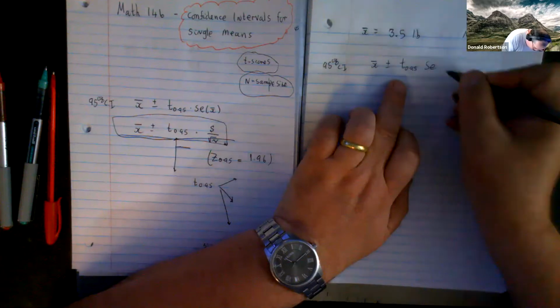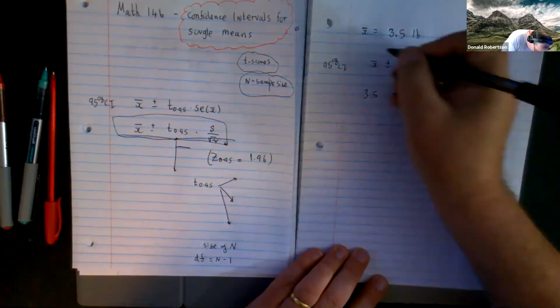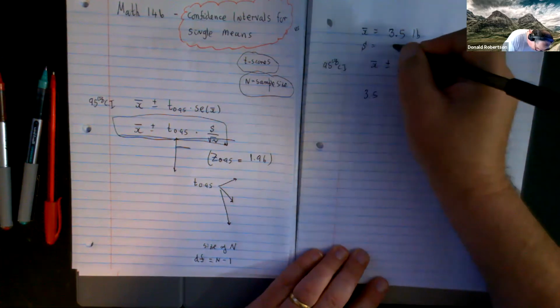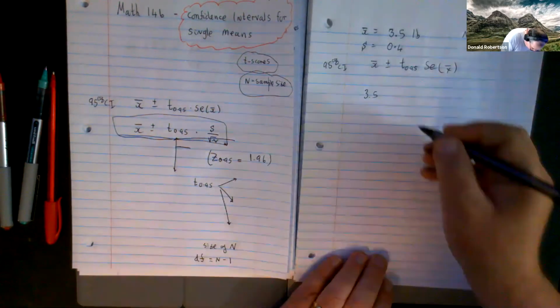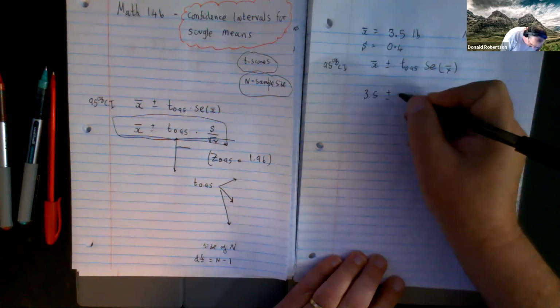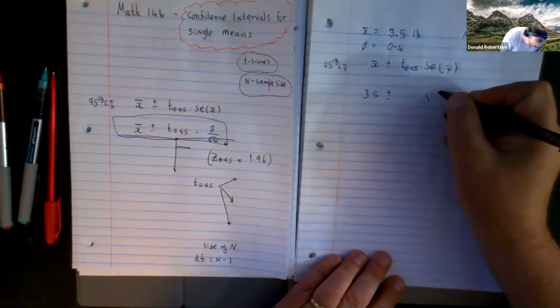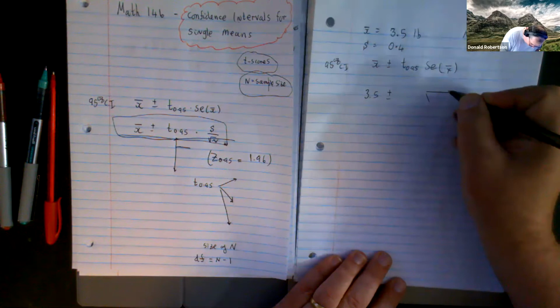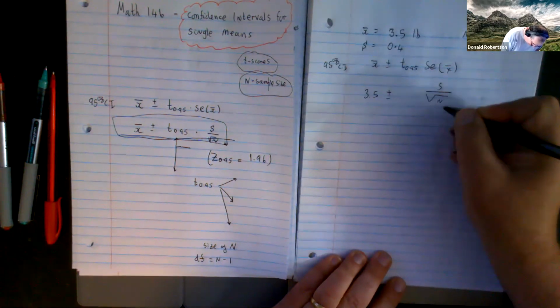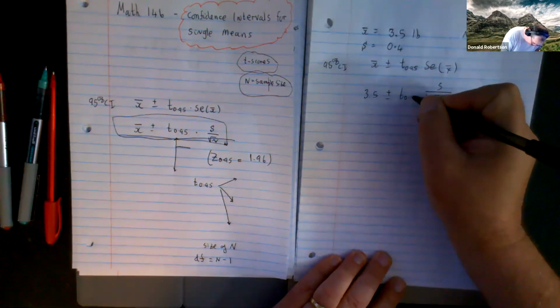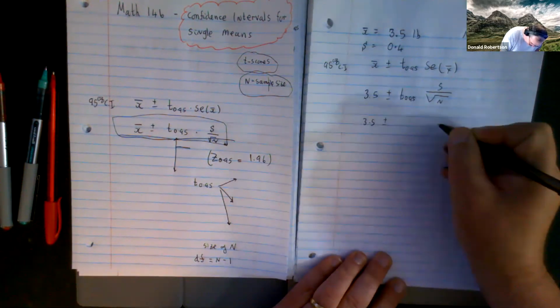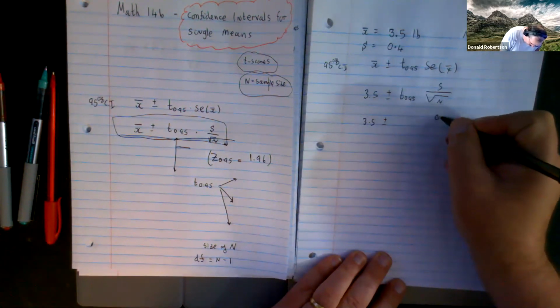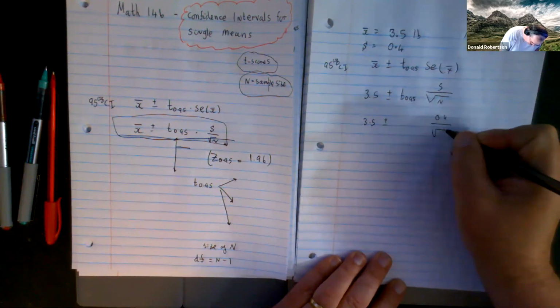This fella is 3.5, and of course you'll have to be told who S is. So it's 3.5 plus or minus a guy I haven't got yet, S over the square root of n. And that becomes 3.5, give or take a guy I still don't have, 0.4 over the square root of 52.